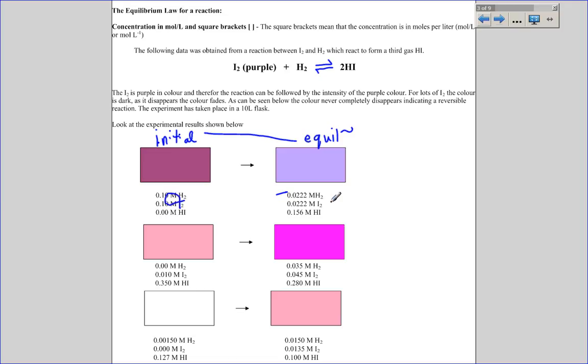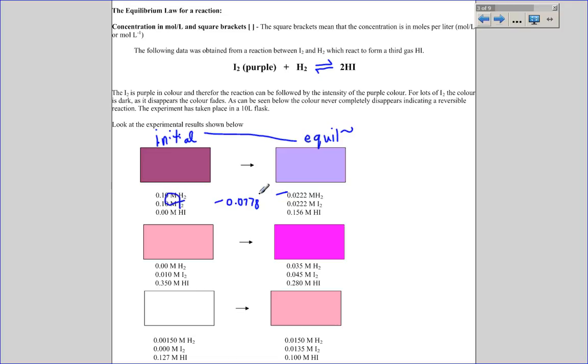The other 2 values, the value for H2 and HI at equilibrium, they would have determined stoichiometrically. If you look at this, you can see that the concentration of the I2 has changed by a value of 0.0778. It has gone down by 0.0778.